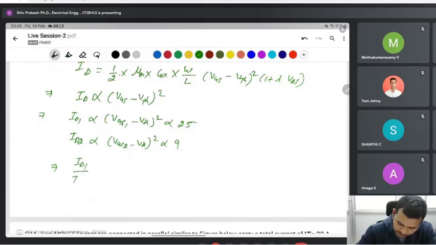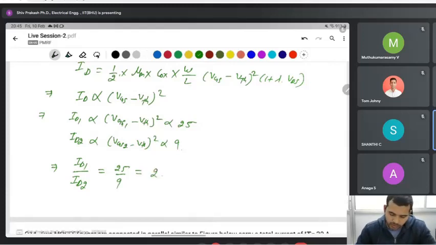The ratio of this is 25 by 9, which is 2.77.